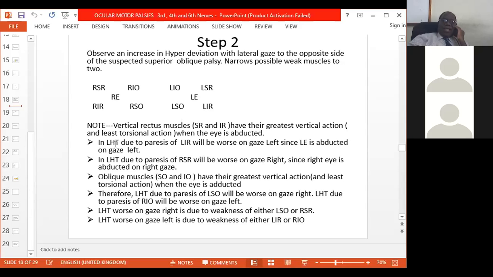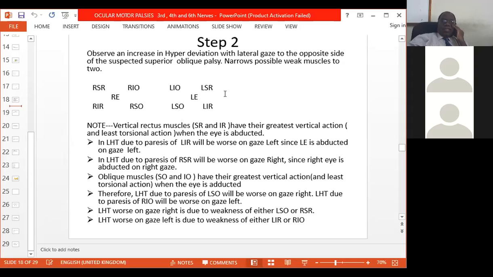In left hypertropia, the left eye is this one. Left hypertropia due to paresis of the left inferior rectus will be worse in gaze right.